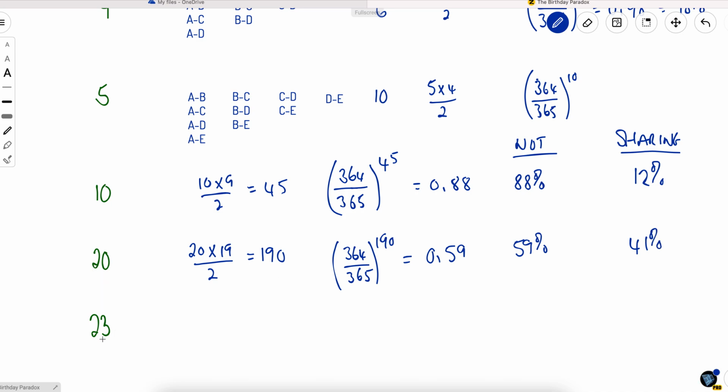So at what point do we have a 50% chance of sharing a birthday? Well, the answer is 23. So 23 times 22 over 2 gives us 253.